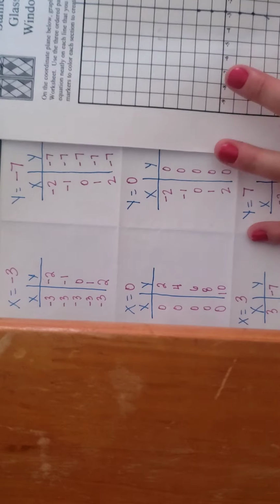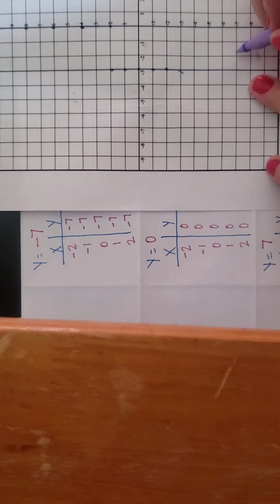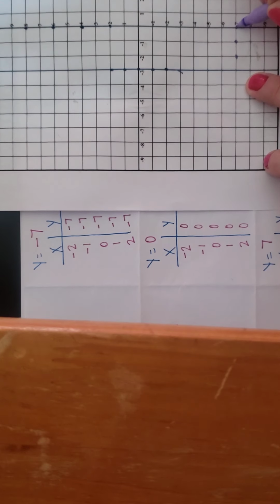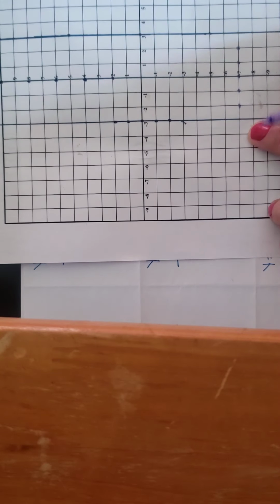So my 5 points for y equals -7 were at (-2, -7), (-1, -7), (0, -7), (1, -7), (2, -7). So I just have 5 points along down here. And again, I'm going to take my straight edge and connect.